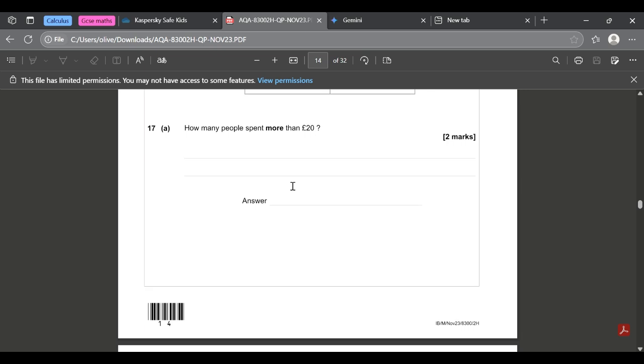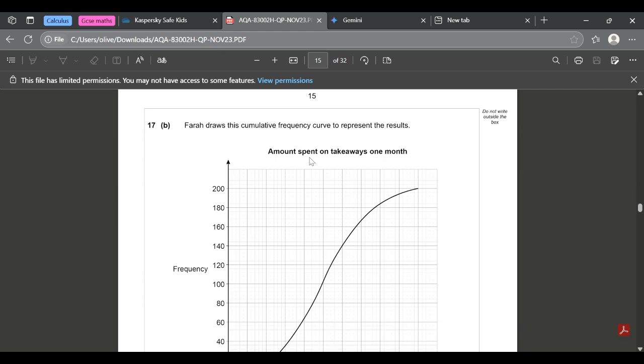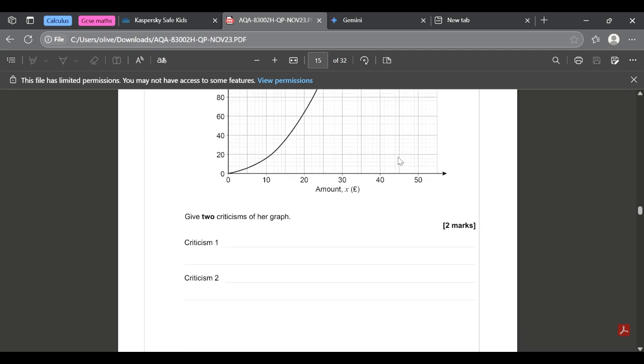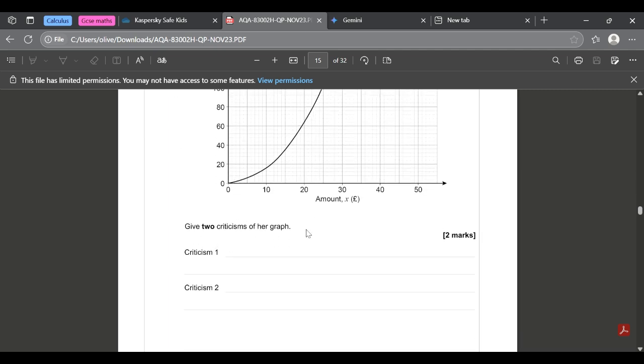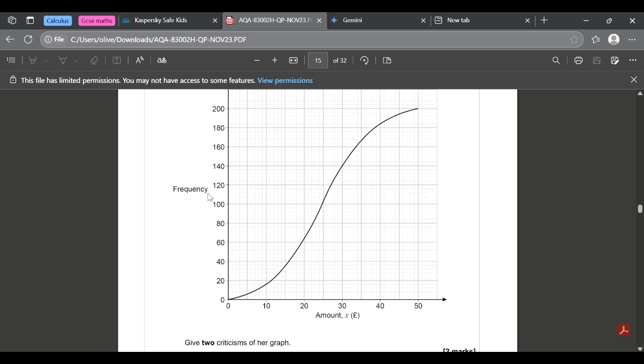And yeah, it's 126. Farad draws this cumulative frequency curve to represent the results: amount spent on takeaways in 1 month. Give 2 criticisms of her graph. Well, it should say cumulative frequency, not just frequency by itself.